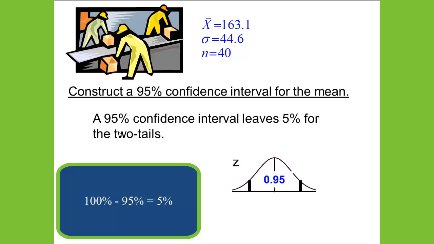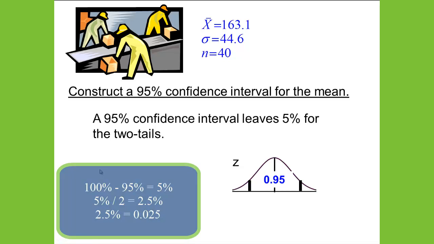We will split that 5% between the two tails. Why two tails? Because confidence intervals are always two tails. We want to find the lower and upper part of a confidence interval. 5% divided by 2 leaves us 2.5%, or 0.025.